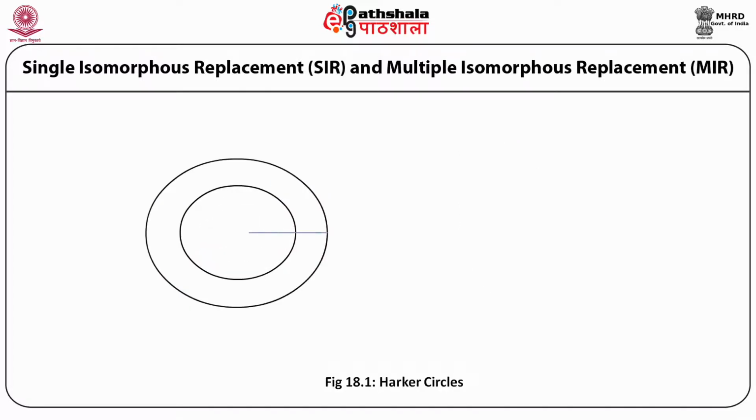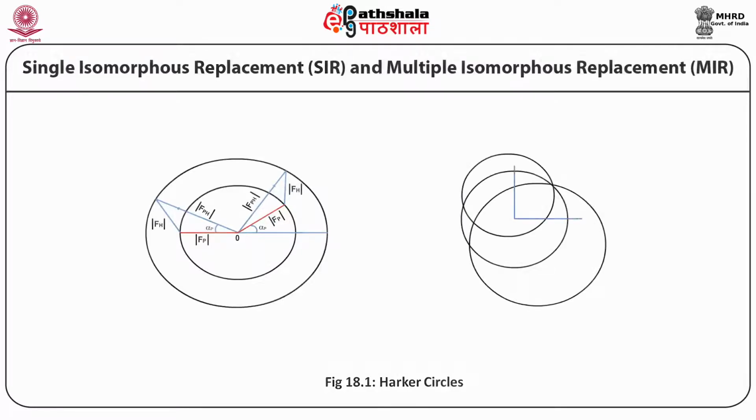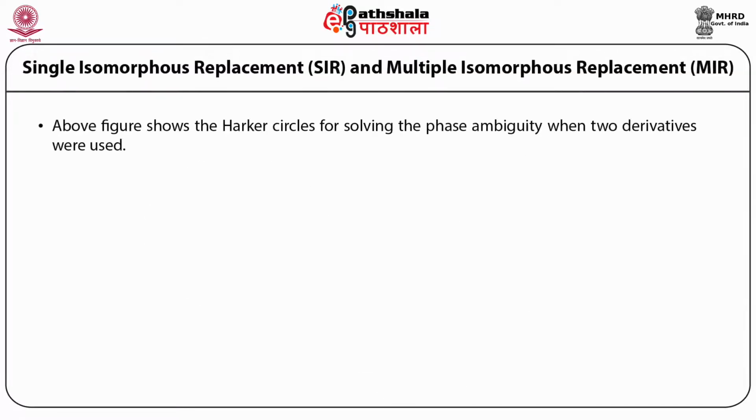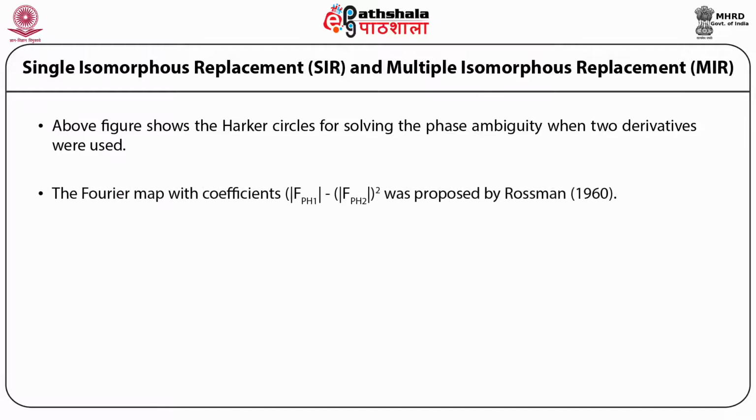This is the graphical procedure suggested by Professor David Harker, known as the Harker construction and Harker circles. From the above Harker circles, we can solve the phase ambiguity when two derivatives are used. The Fourier map with coefficient square of mod FPH1 minus mod FPH2 was proposed by Rossmann in the year 1960.